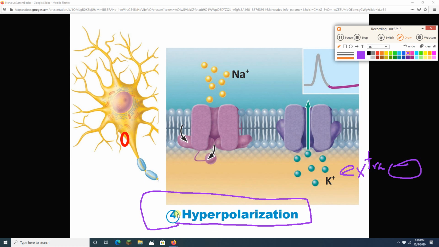So these are the three events that are happening at my axon hillock in response to the arrival of a graded potential big enough to reach threshold. We depolarized, we repolarized, and we hyperpolarized. And we just looked at the role voltage-gated channels play in that.